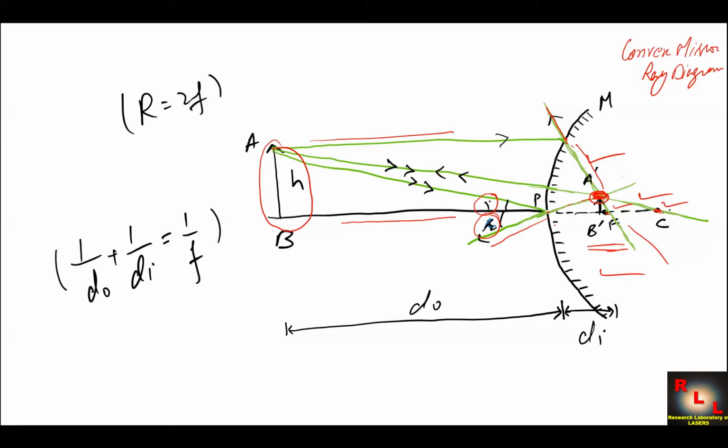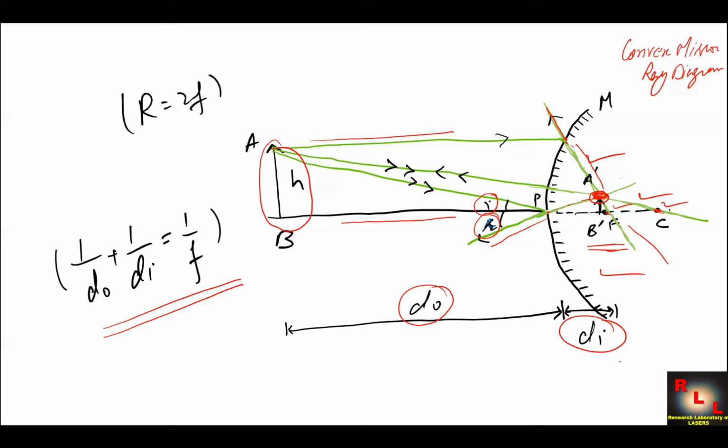So the image is forming on the other side of the mirror. So it means the image is not real. How can we find the position of the image? The same equation we are using here. This is the distance of the object from the mirror, and this is the distance of the image from the mirror, on the other side of the mirror.